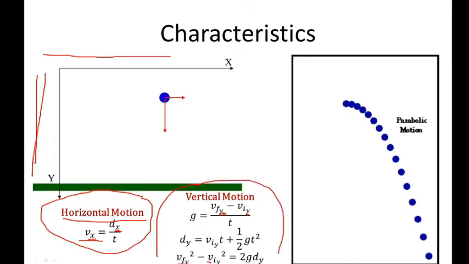The horizontal motion does not affect the vertical motion, and the vertical motion also does not affect the horizontal motion. And again, the acceleration due to gravity is replaced by g, which is 9.8 meters per second squared.